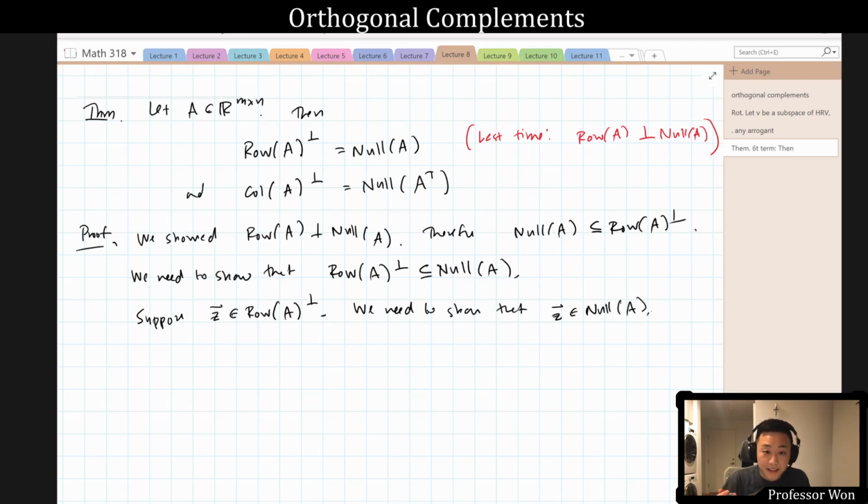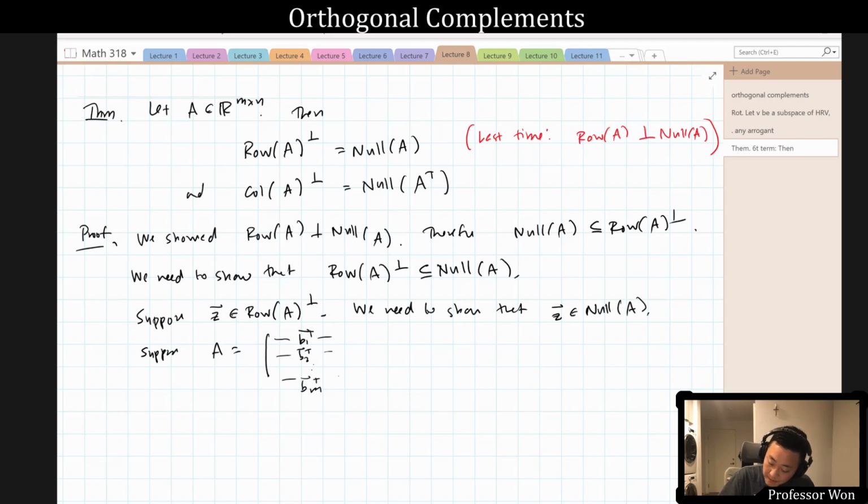So what's happening here means that we should write down A in terms of its rows. So suppose that A is B1 transpose, B2 transpose, down to Bm transpose. It's an m by n matrix, so there's m rows.